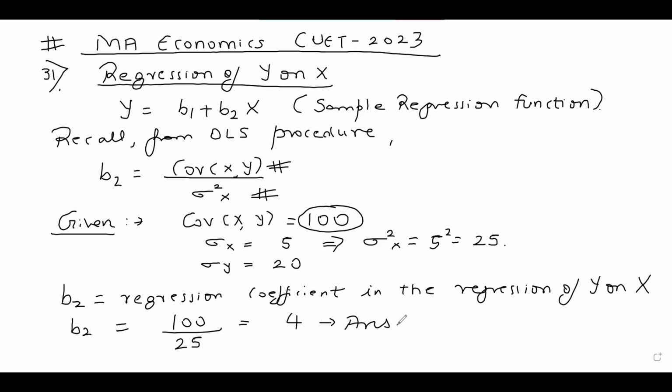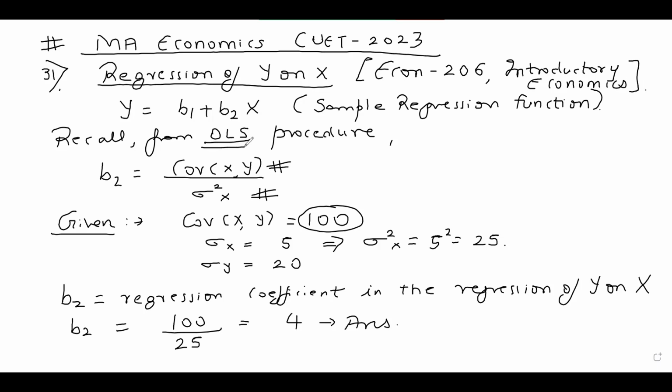Where will students find all the theory for this? You can check out my Econ 206 course on introductory econometrics. In this course, we have done linear regression in depth. We have done the ordinary least square procedure, which is to minimize summation ei square, where ei squared denotes residual sum of squares.